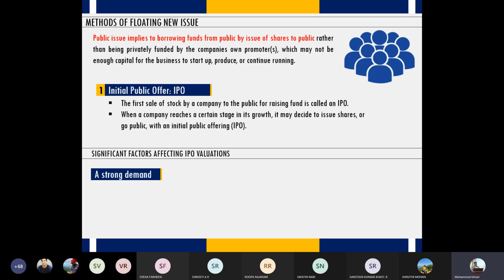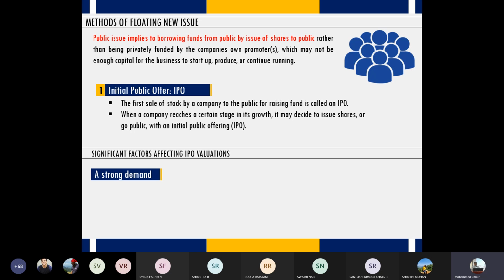When you look at the sales figures, when you do a comparison with the competitors, you will come to know whether the company's product has a strong demand in the market or not. If there is a strong demand, it is an indication that people like the products, like the offerings of the company, which is a good sign, right? That means the customers are convinced and therefore they are buying these products.